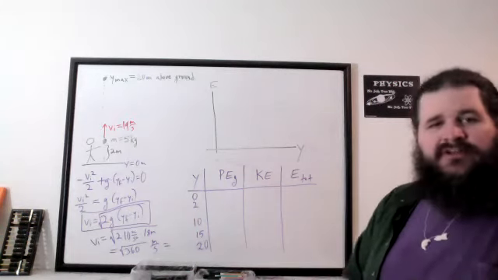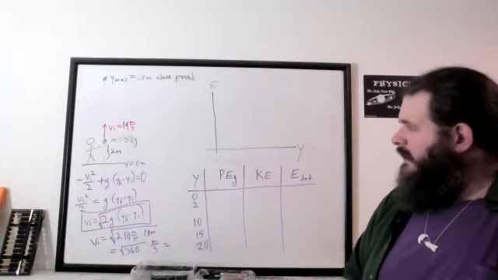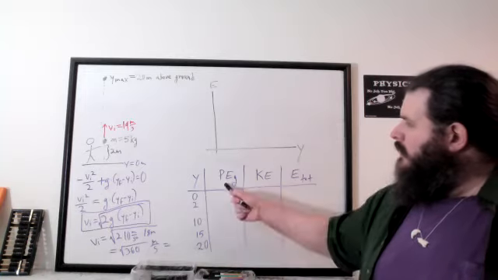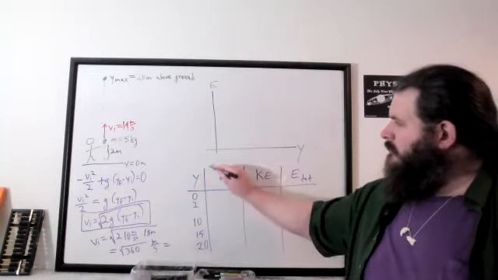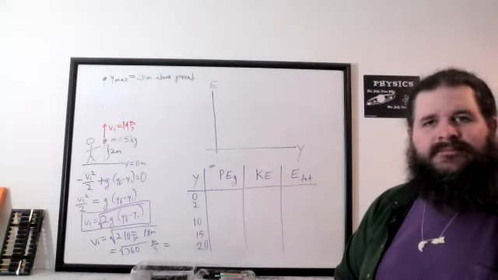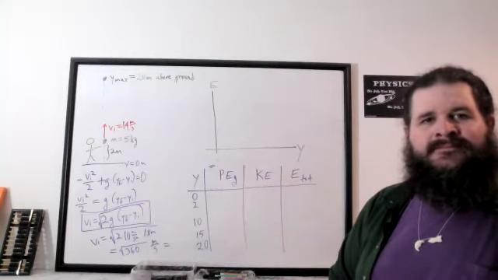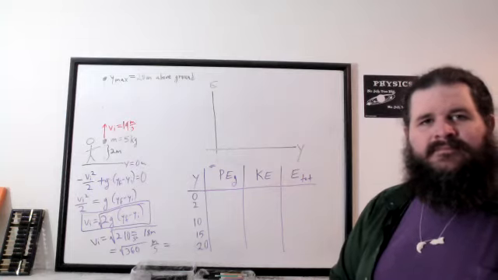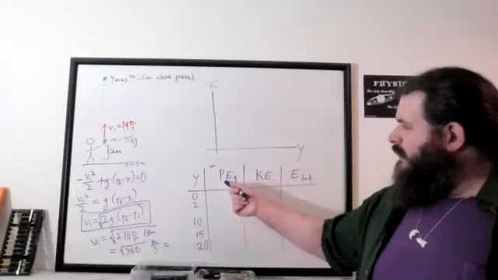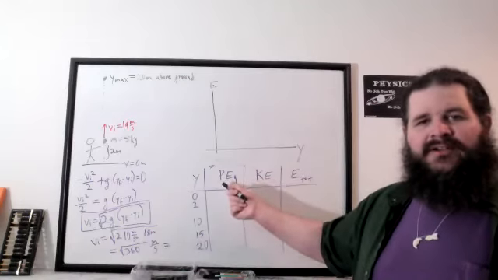We can calculate potential energy directly because we know that the potential energy is, what's our usual formula for potential energy? mg delta y.